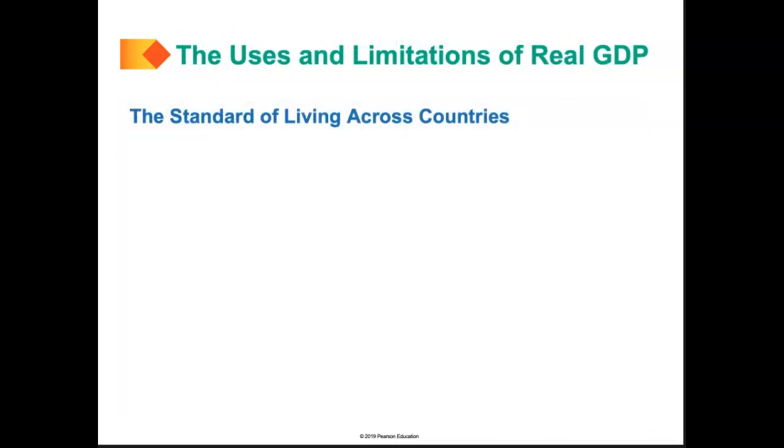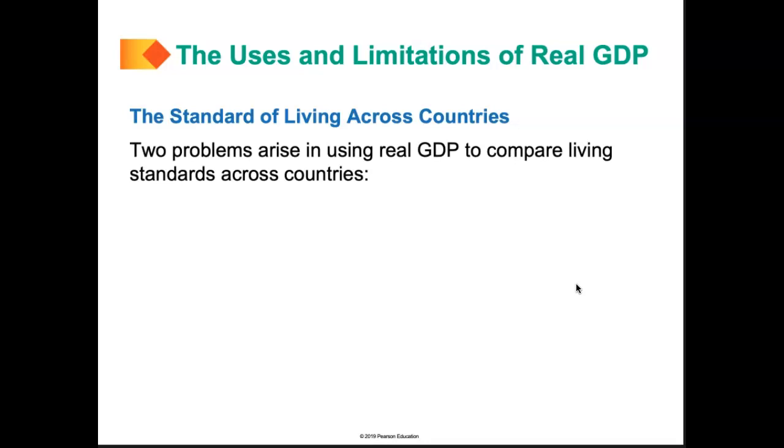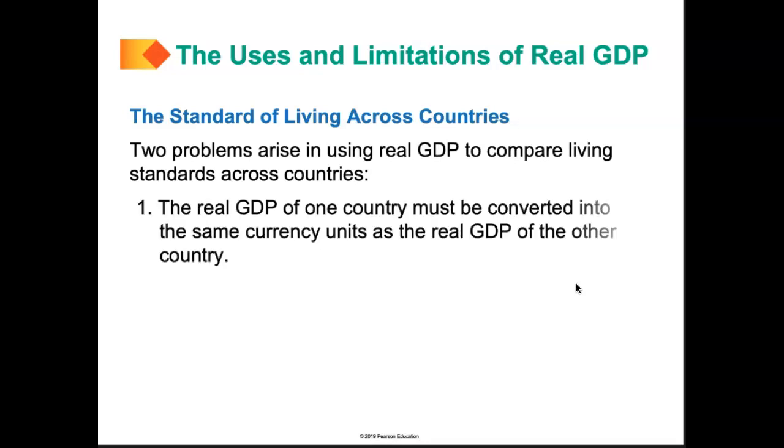We also said we can use GDP to compare living standards across countries. But there are a few problems that arise, because GDP is measured in market value. Market value means you have to quote things in prices, and every country has different prices.